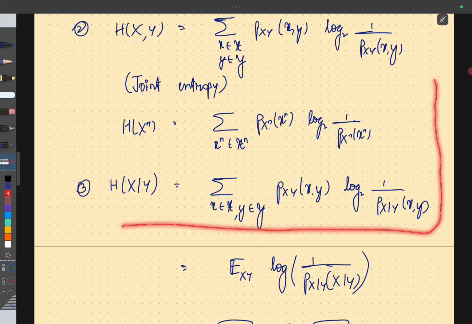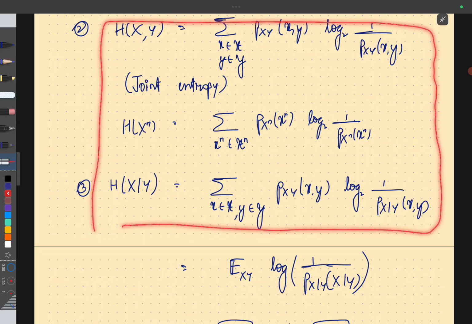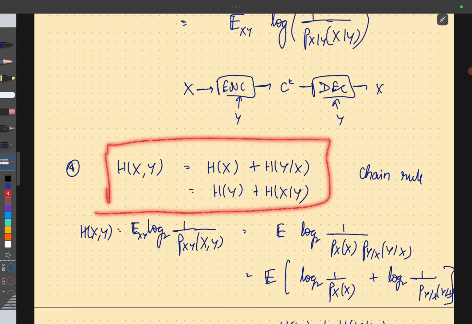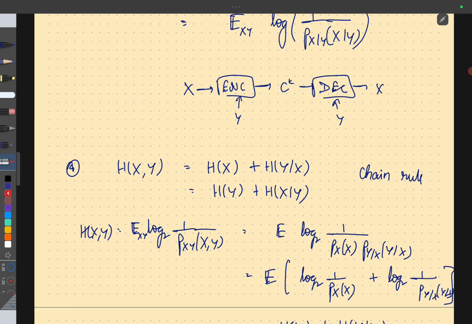Using these definitions, we have the following chain rule, which says that H(X,Y) is H(X) plus H(Y given X), or it's also equal to H(Y) plus H(X given Y). We'll be reusing many of these concepts over and over again, so it's good to be fully familiar and comfortable with these ideas.